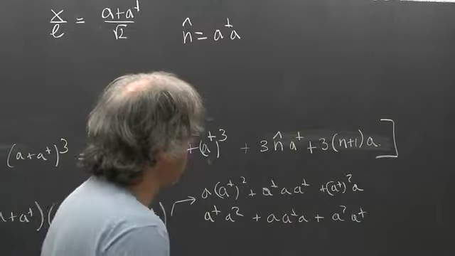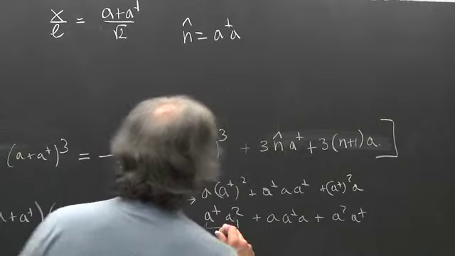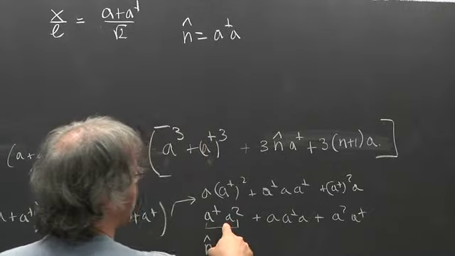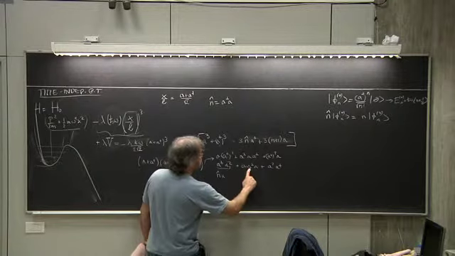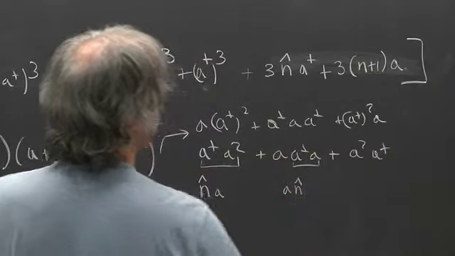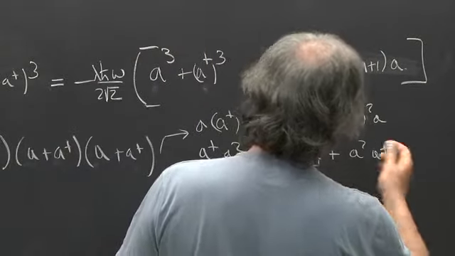Now, let us try to recognize the n. You see, this is, for instance, a term like n times A, the operator n times A. This is A times n. This is nothing.